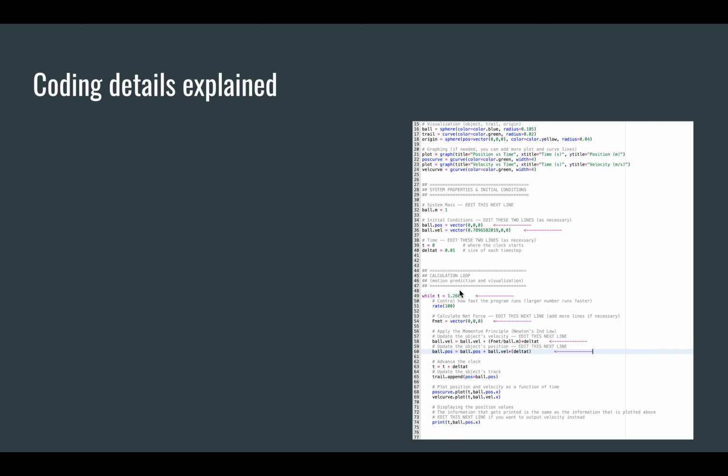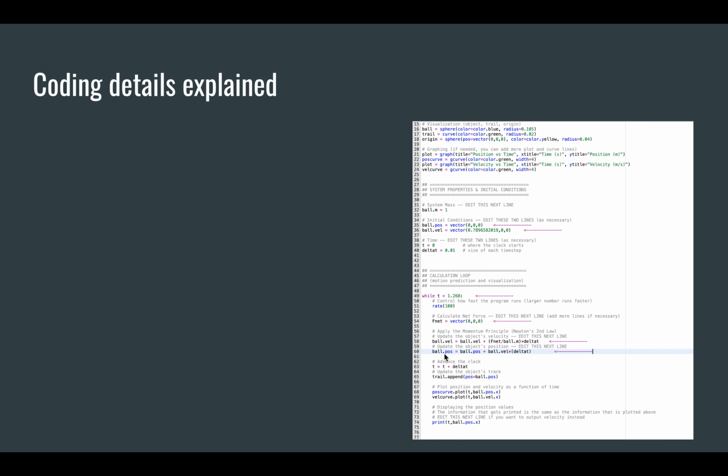Here there's a while loop, and the loop continues to go until 1.268 seconds, which was the last moment that we saw that the volleyball was moving. We know that f net is equal to 0, therefore the vector is 0, 0, 0. As I previously defined, ball.velocity is equal to ball.velocity plus f net over ball.mass times delta t, and we know that f net is equal to 0, so that final ball velocity is equal to initial ball velocity.